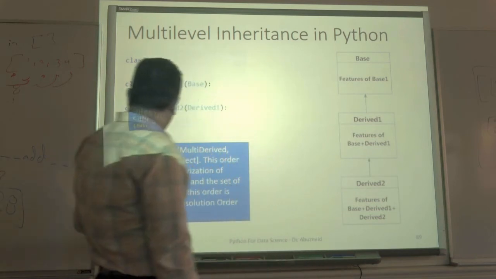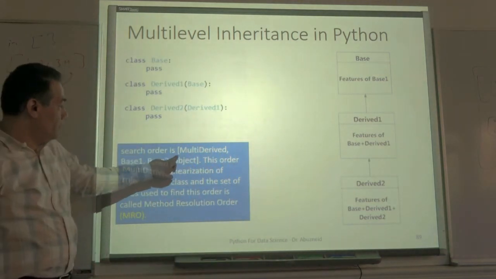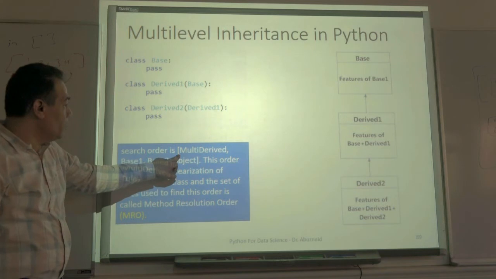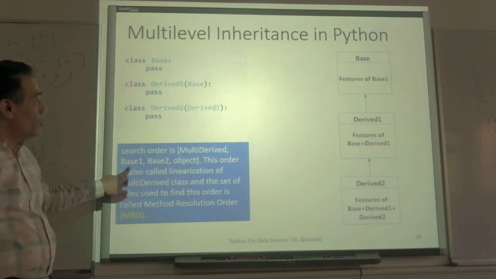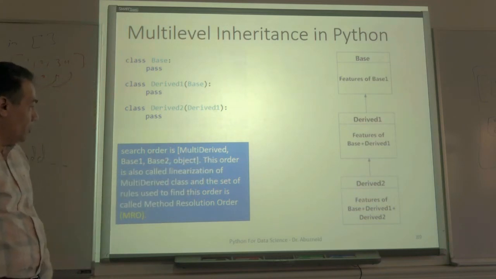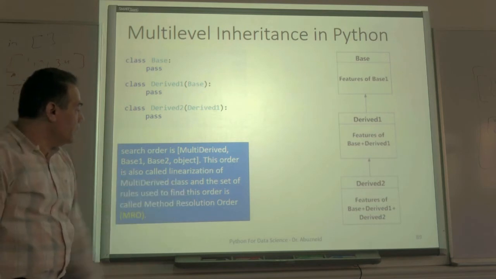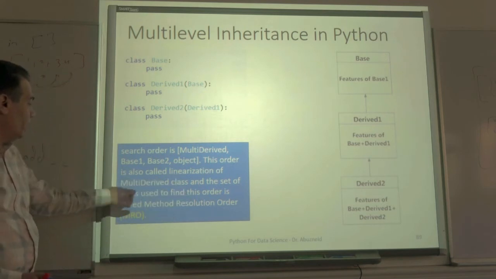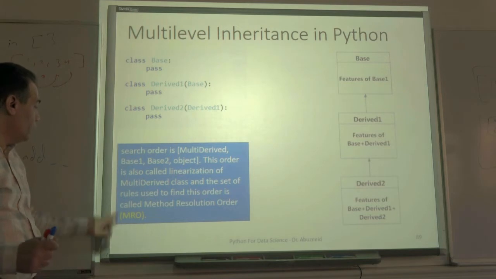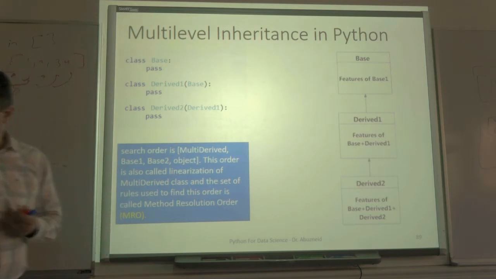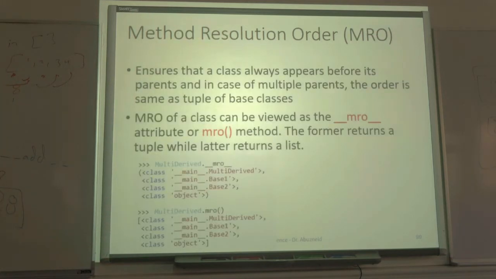So the search order starts with the multi-derived, then base one, then base two, then the object. This order is also called linearization of the multi-derived class, and the set of rules used for that is MRO. Anyways, this is not in your textbook, I added them for you.